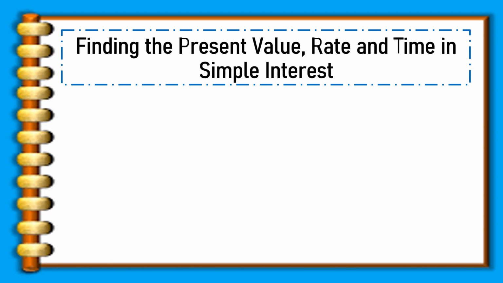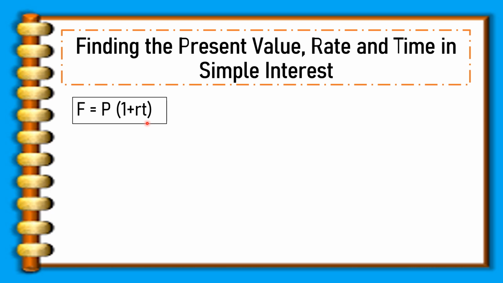Okay, what we are going to do is derive formulas for finding the present value, rate, and time in simple interest by using the maturity value formula or the future value formula, which is F equals P quantity 1 plus RT.